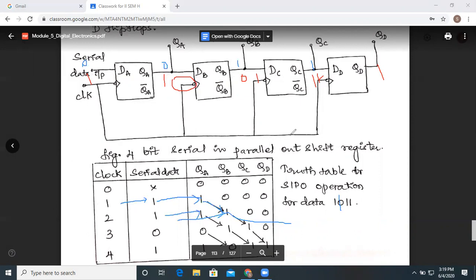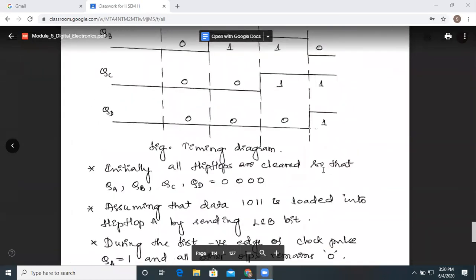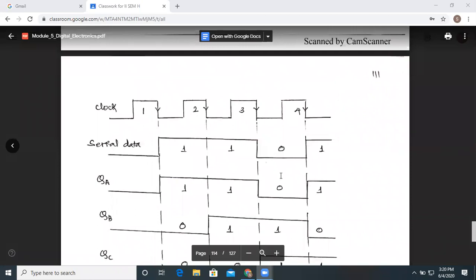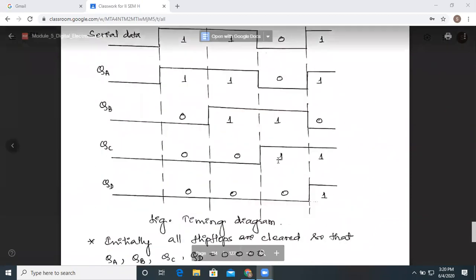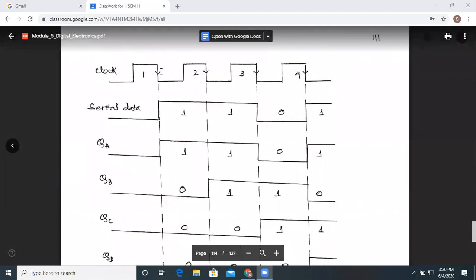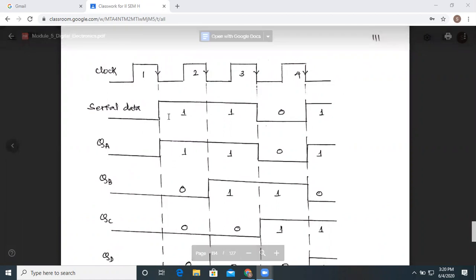That means in serial in, parallel out, we require a minimum of 4 clock pulses in order to feed a 4-bit shift register. That explanation is being given over here. You could see the timing diagram is also given. During the negative edge of the clock pulse, the change is taking place.